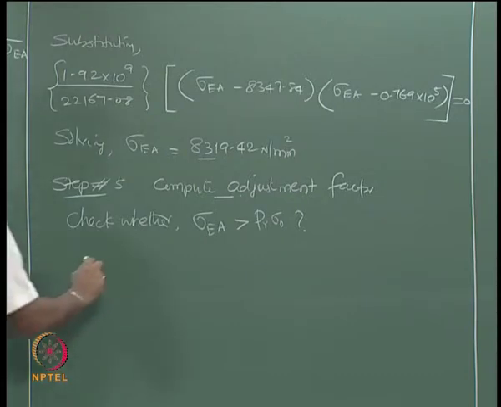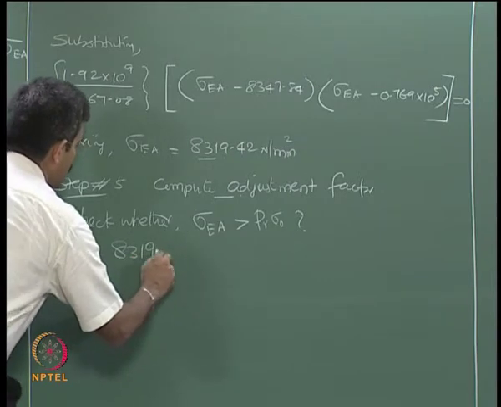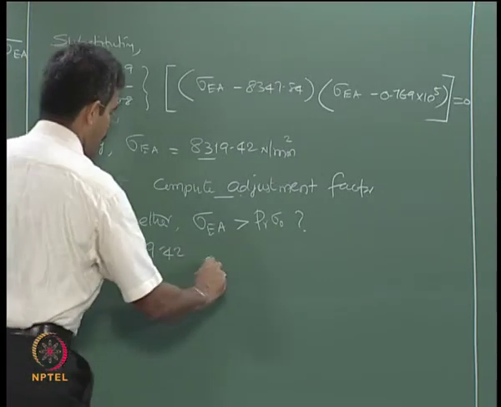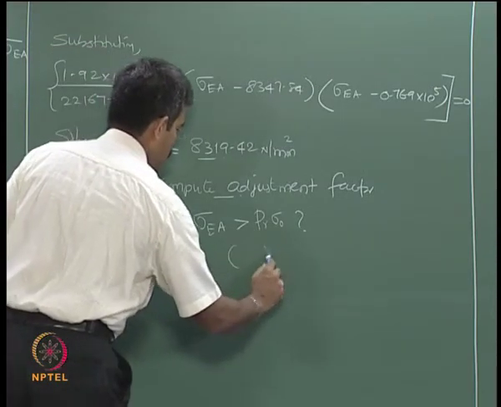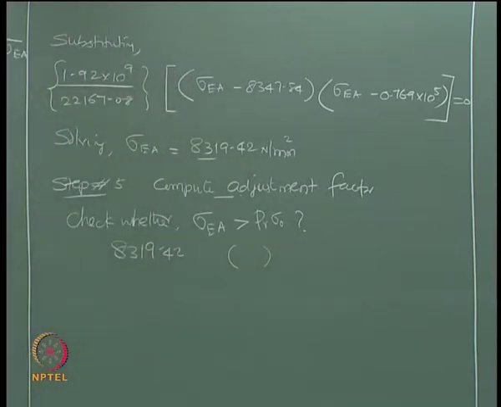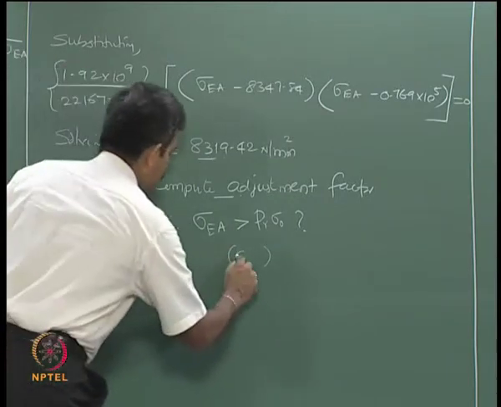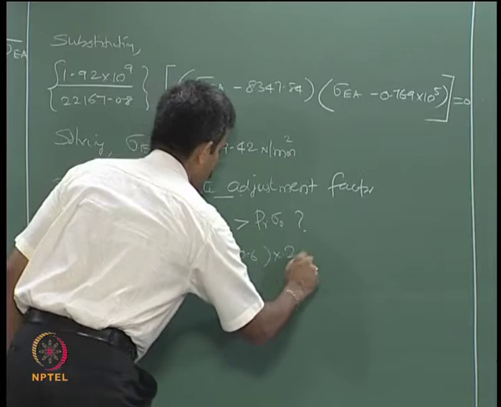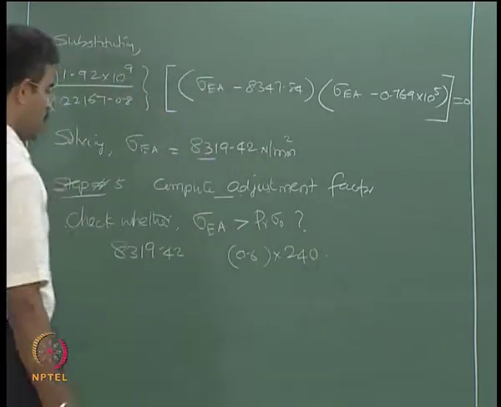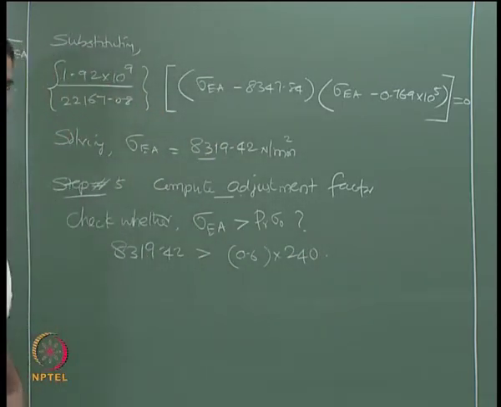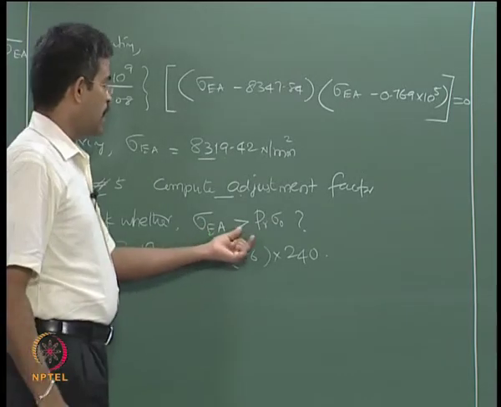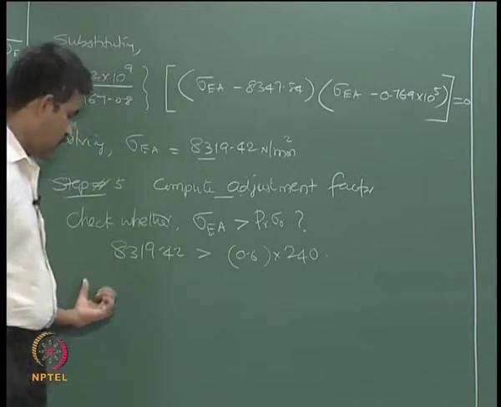So, in my problem 8319.42 is compared with PR, which is 0.6, and sigma naught is 240. You will obviously see this value is much greater than this.